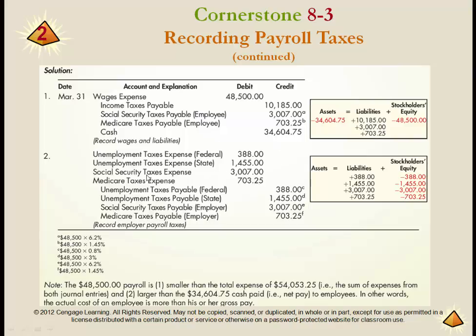So when they remit the Social Security or FICA, they're going to remit for this particular pay period 3007 plus 3007 to the federal government, or $6,014, and the same thing for the 70325. The other two are for federal and state unemployment. You notice they don't take anything out of your check to put money into that unemployment fund. They just take it out, and it's part of their responsibility.